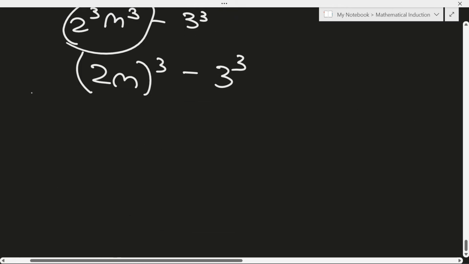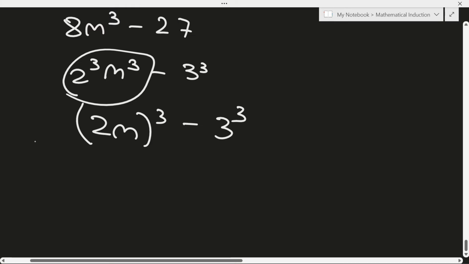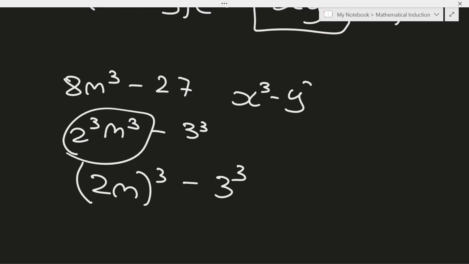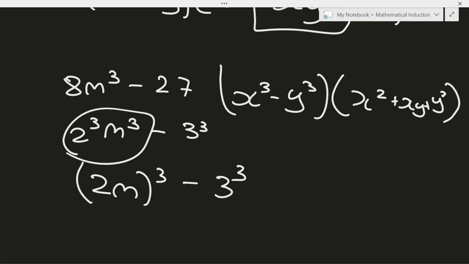And if we substitute the values, I'll just write it back right here so that we can see it for the negative one: x cubed minus y cubed. So we can substitute the values for x and y in here.